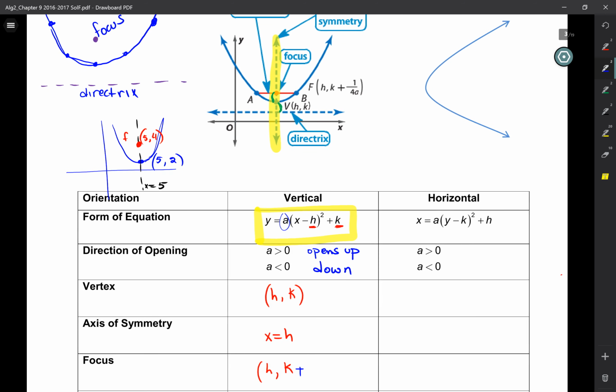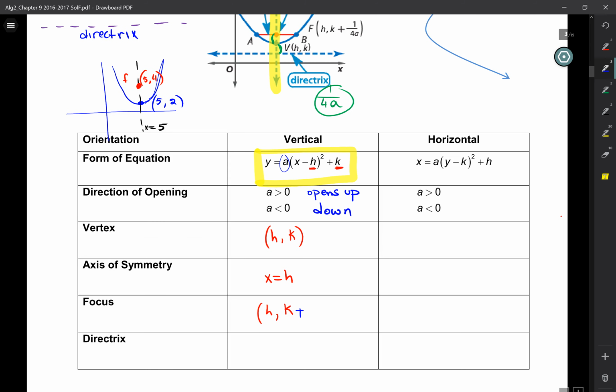Almost. So you see that magical number a? What we often do is we take a, and first we multiply that by 4. Why 4? Because that's what the mathematicians tell us. And then I take the reciprocal, 1 over 4a. And that's going to be a magical number for us.